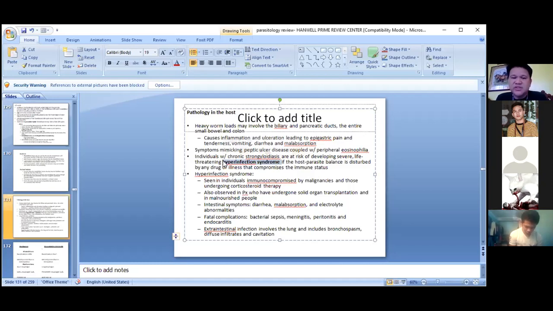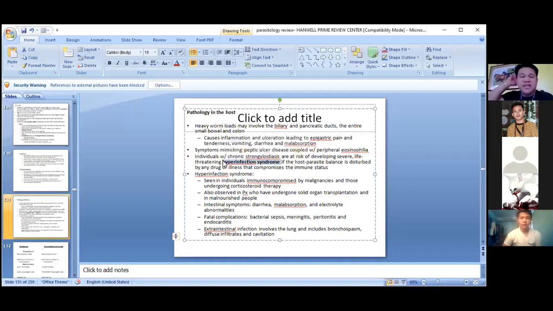So hyperinfection syndrome is seen in individuals who are immunocompromised, like those who underwent organ transplantation, those having immunodeficiency disorders, for example HIV, and people undergoing chemotherapy. Okay?